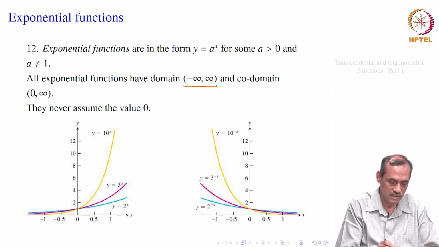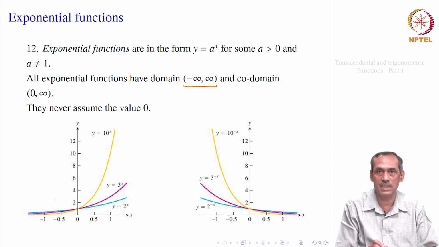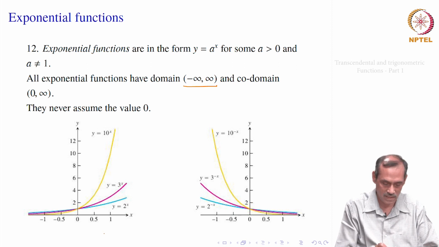When you take this yellow line, that gives y equal to 10 to the power x. And when you take, say, a equal to 3, you would get y equal to 3 to the power x, which is your magenta line. And when you take a equal to 2, y equal to 2 to the power x, that is shown in the blue one.